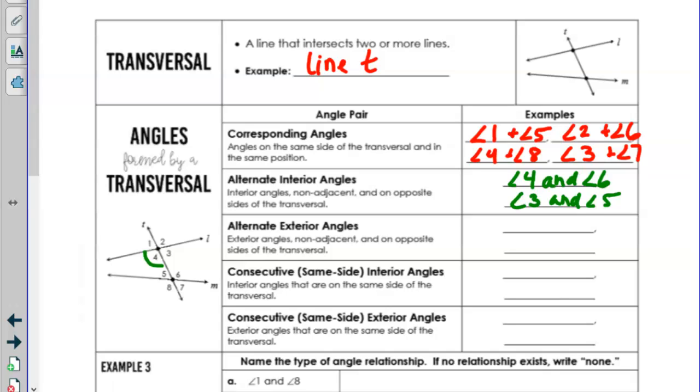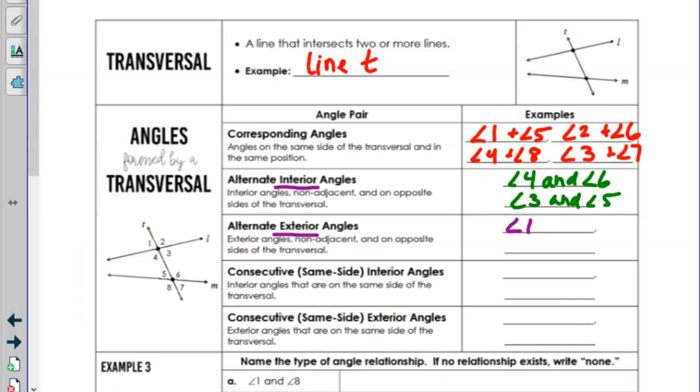And now we have alternate exterior. So the word that changed is interior to exterior. But it's a similar idea. Now what 4 angles am I focused on when I'm doing alternate exterior? 1, 2, 3, 7. Exactly. If I say angle 1, what is the alternate exterior angle?